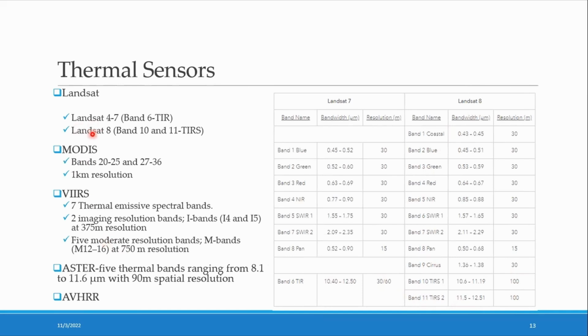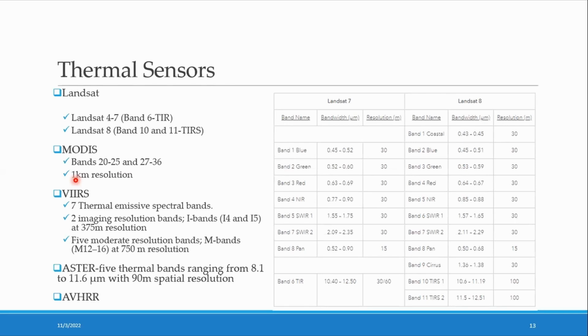For MODIS, which I've already talked about, the resolution is 1 kilometer. So they are at different resolutions depending on the application and coverage you're looking at and how frequently you want the data. That is what will determine what resolution to take up for your application.